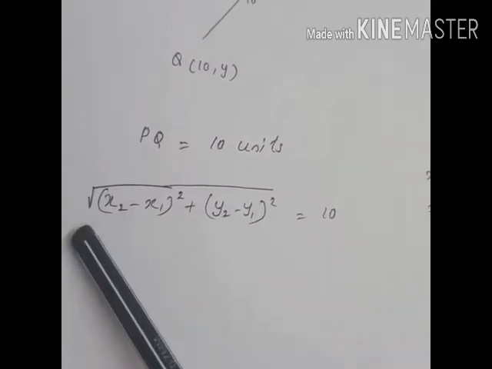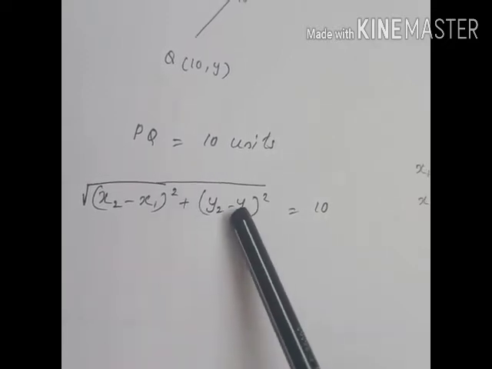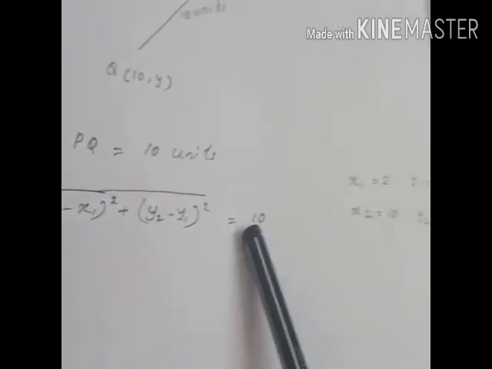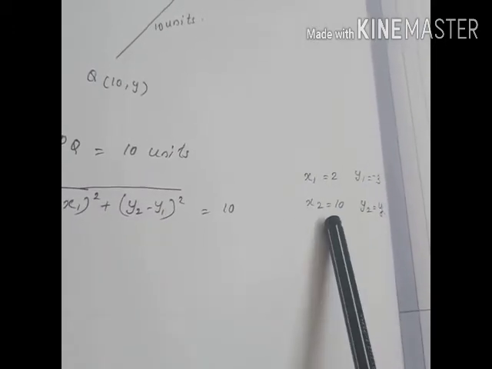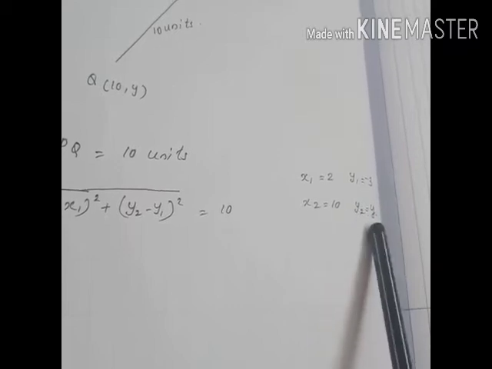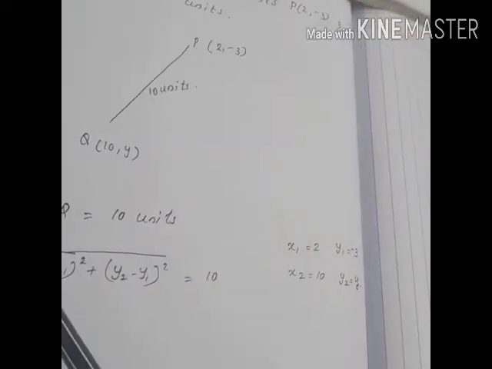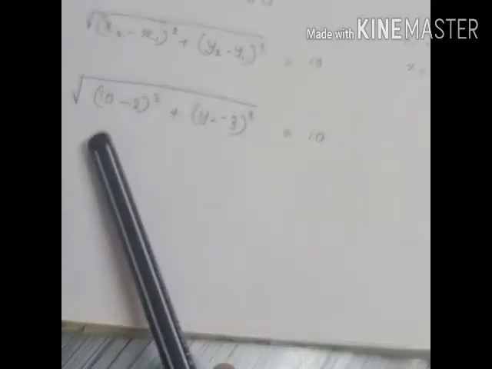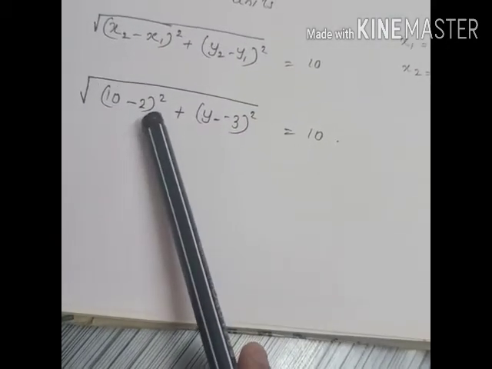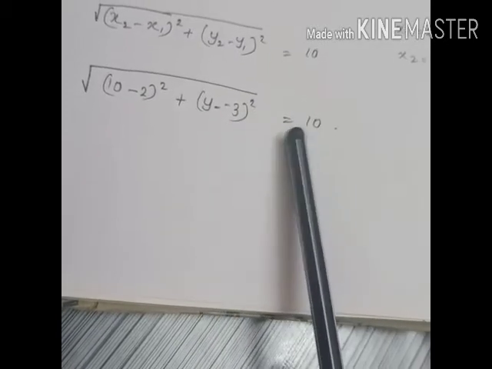So we can write the equation: root of (x2 minus x1) square plus (y2 minus y1) square equals 10. Here x1 is 2, x2 is 10, y1 is -3, y2 is y. We substitute x1, y1, x2, y2 in this equation: root of (10 minus 2) whole square plus (y minus -3) whole square equals 10.